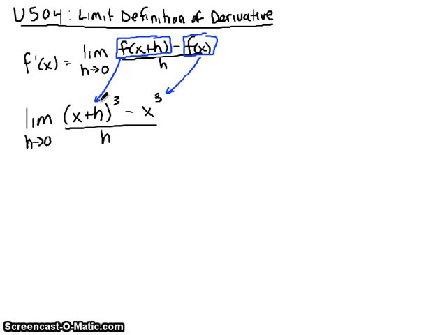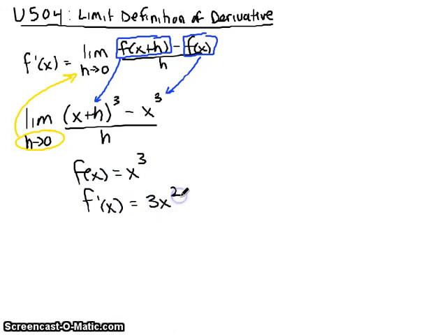The giveaway that this is a derivative problem is this h goes to 0 right here, because our limit definition says h goes to 0. So if we can recognize that this is actually a derivative problem and that f of x is equal to x to the third, we know this is asking for f prime of x, which is just going to be 3x squared, and we don't have to go through the L'Hopital's rule process.